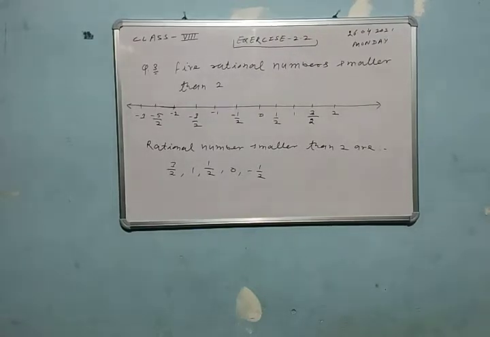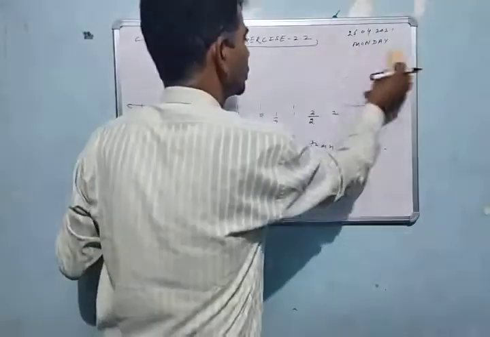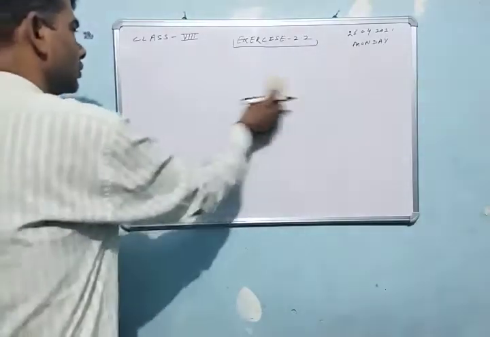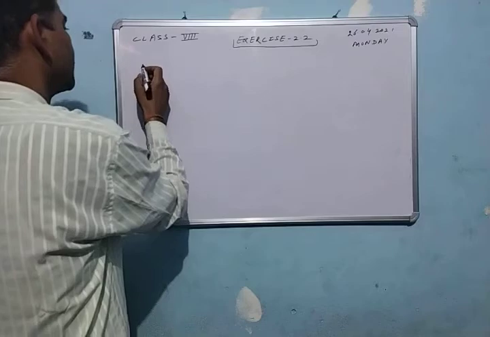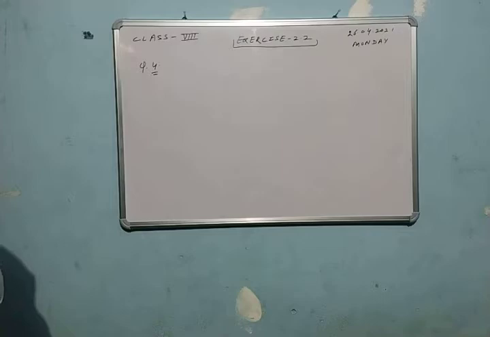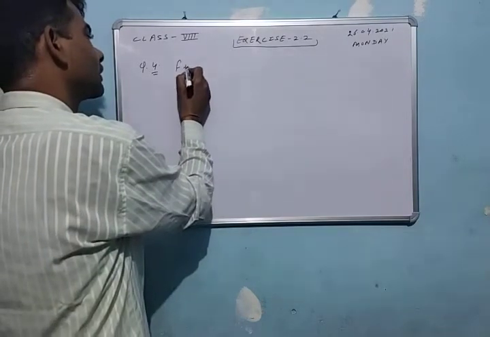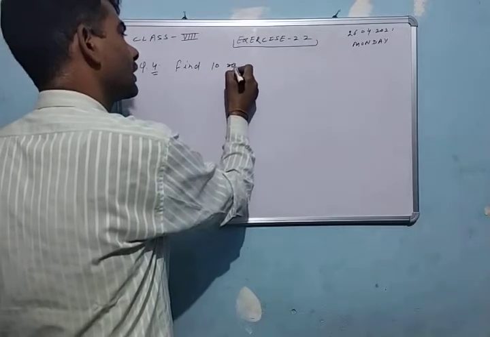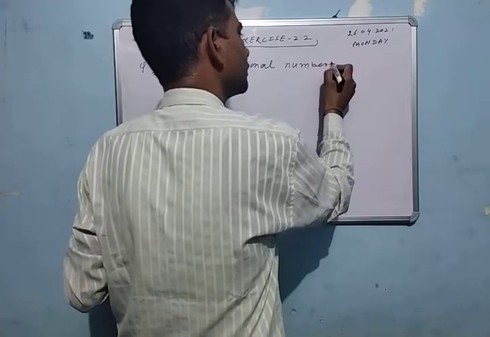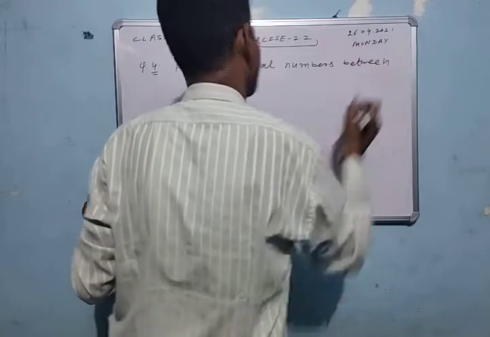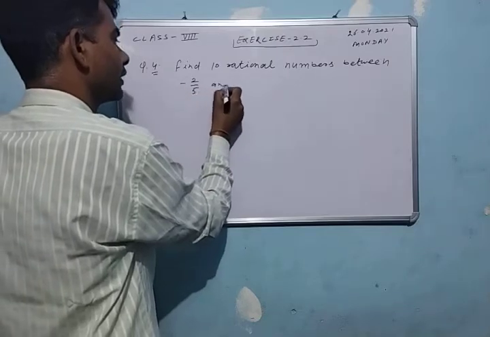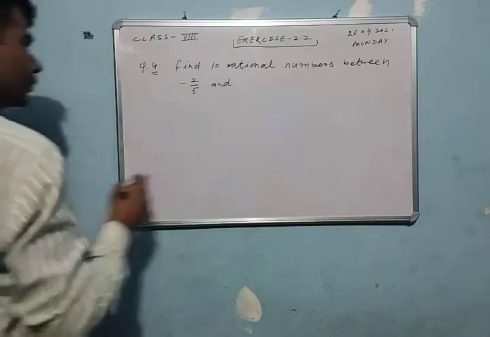Now students, question number 4 is: find 10 rational numbers between minus 2 by 5 and 1 by 2.